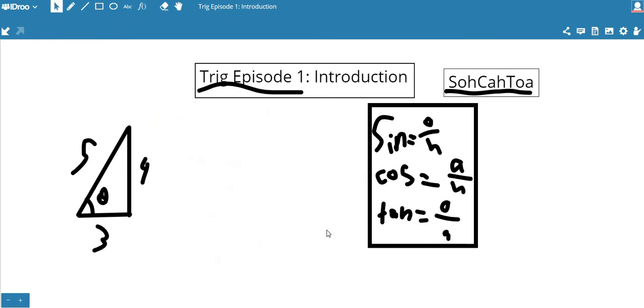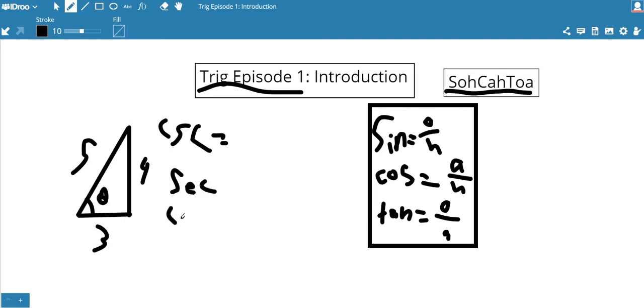I want to talk about something new, something called cosecant, secant, and cotangent. So what are those? Cosecant is the opposite of sine.